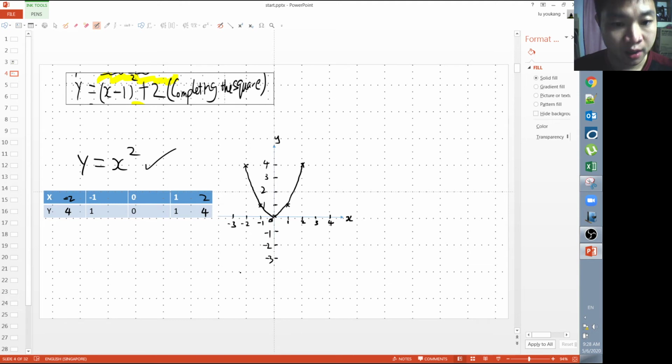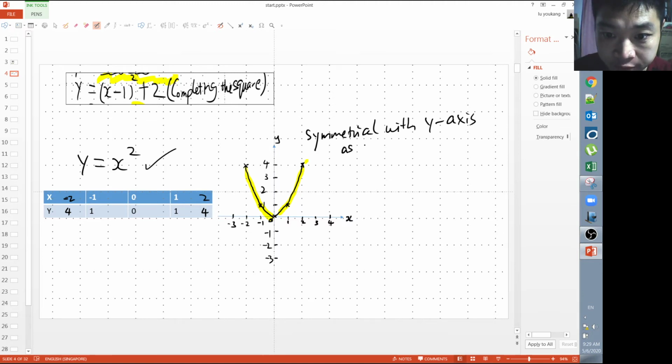Okay, so the key here is that this and this must be symmetrical, with the y-axis as the line of reflection.